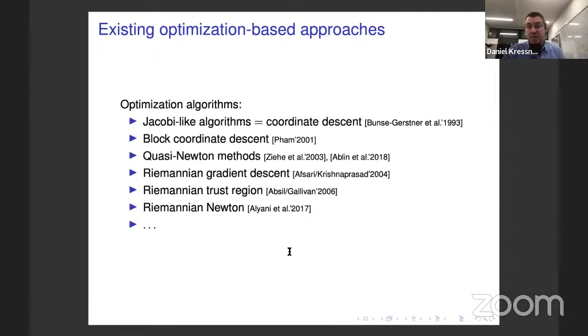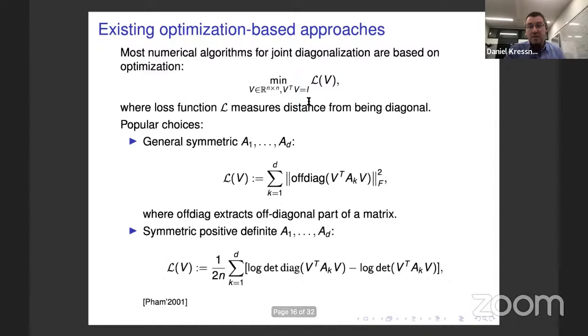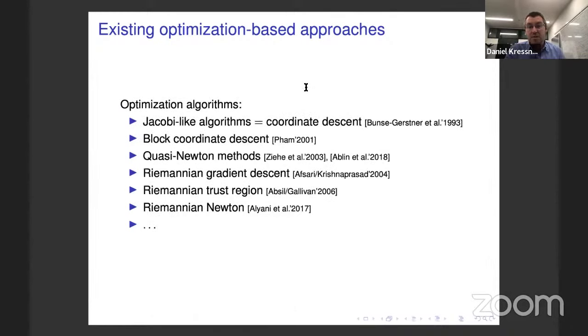It can be viewed as applying coordinate descent techniques to this optimization problem by writing V as a product of Givens rotations. Then you would alternatingly optimize the Givens rotations to bring the loss as small as possible. Pham, together with the objective functions I've shown you for symmetric positive definite matrices, also developed block coordinate descent techniques. Now, as we will see, especially the first Jacobi methods are actually not working extremely well.